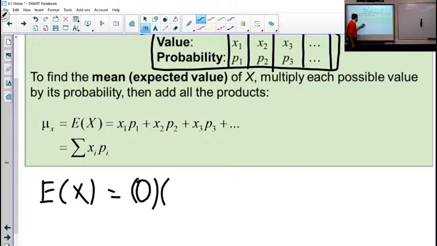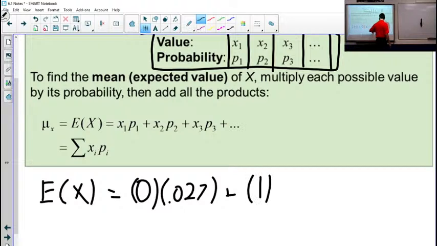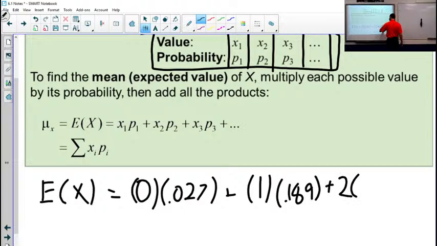We're going to take 0 times the probability of 0 plus 1 times probability of 1, which was 0.189, I think, plus 2 times probability of 2, plus 3 times probability of 3. We're just going to read across the table and do value times probability of it happening and add them together.